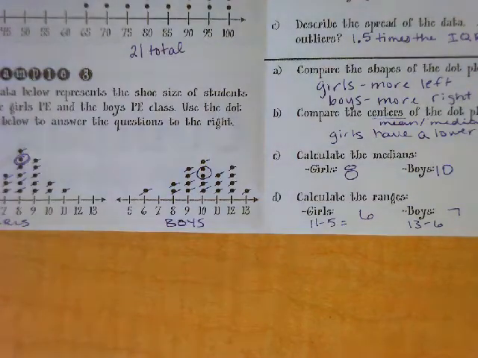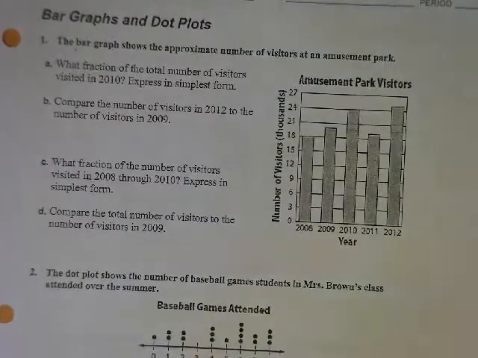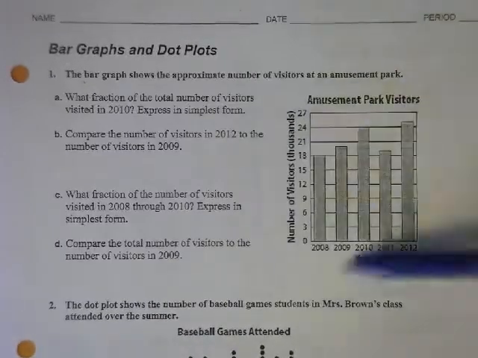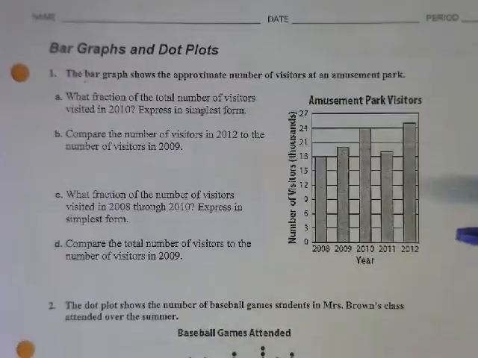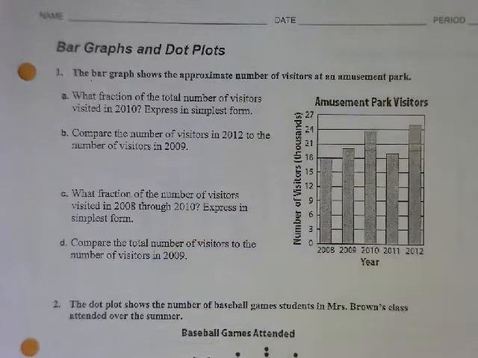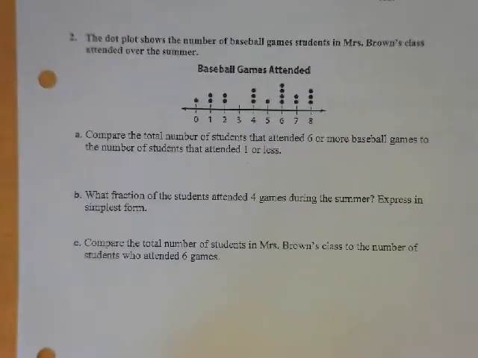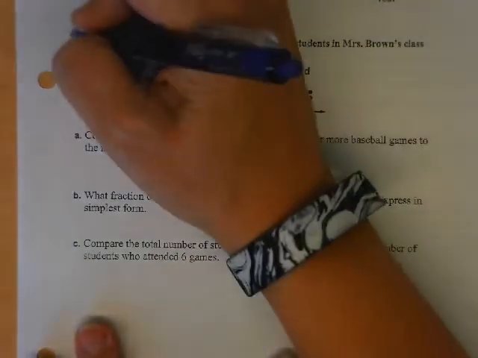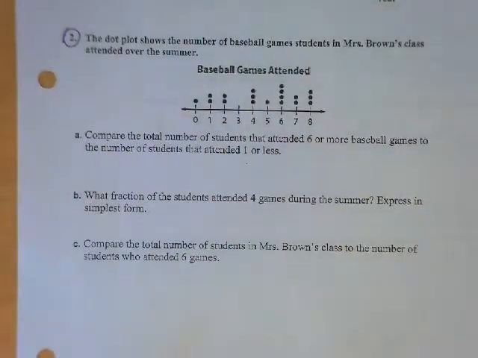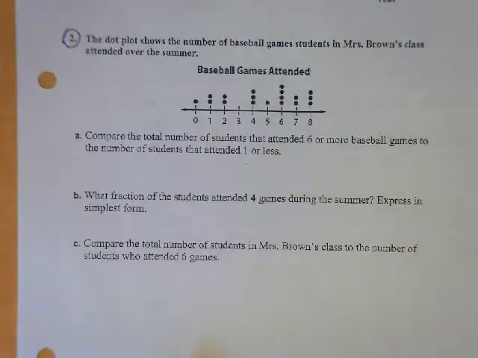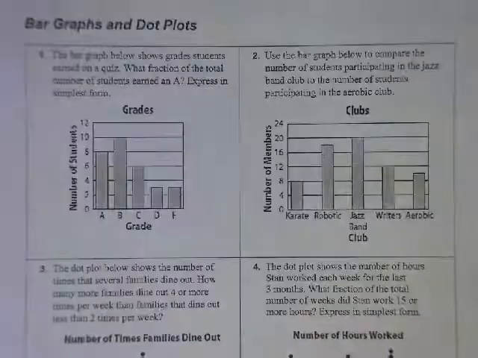All right, we're not going to do this whole page for practice, okay? Notice that number 1 is a bar graph. We did not get to bar graphs today. We're not doing number 1. Don't mark through the whole thing because we'll do it tomorrow. Look here. Number 2 is a dot plot. I want you to circle. You're going to do number 2. It has multiple pieces. When we turn this over, number 1 and 2 are bar graphs.